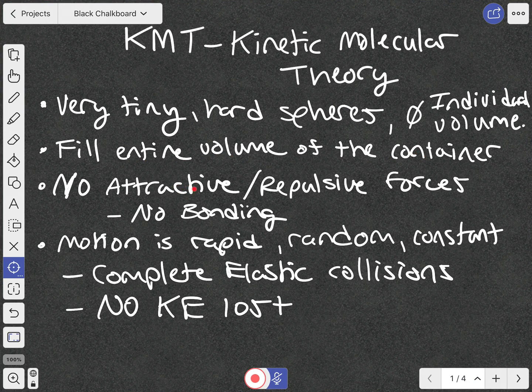No attractive forces nor repulsive forces, i.e. no bonding, no covalent bonding, no intermolecular forces, nothing. The motion is rapid, random, and constant, and again, no kinetic energy lost. All right, so pause your video, jot down some notes, and then we're going to go on to the next thing when you press play.